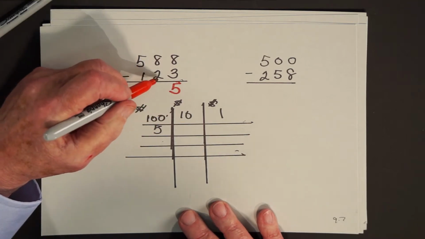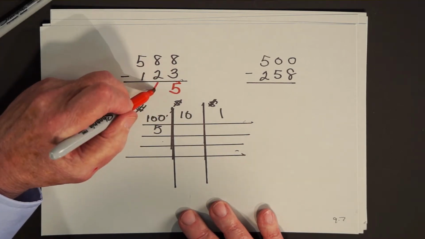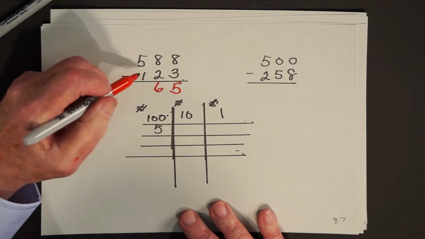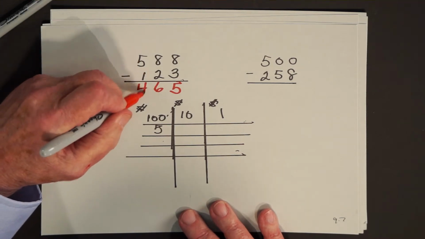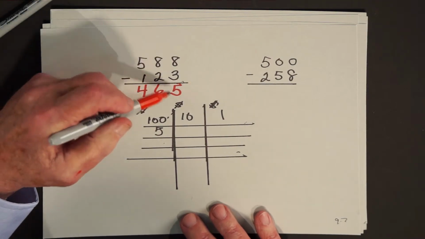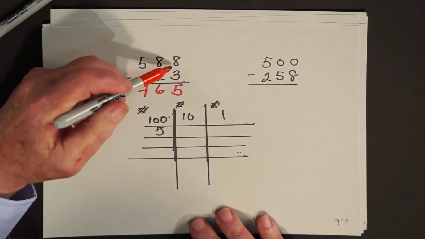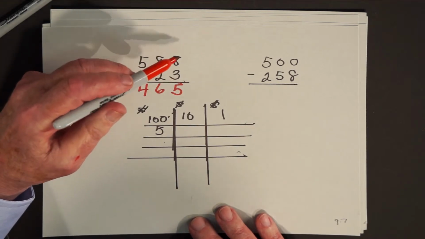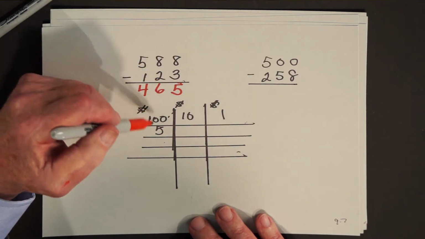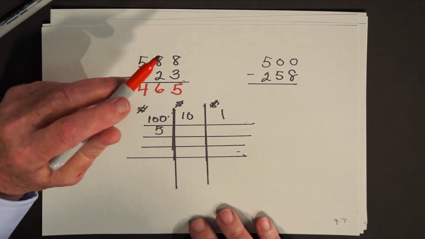What do you have to add to 2 tens to get 8 tens? Answer is 6 tens. What do you have to add to 100 to get 500? Answer is 400. And again, notice how we were able to rearrange things the way we wanted. In other words, we were able to look at the ones column separately, the tens column separately, the hundreds column separately.